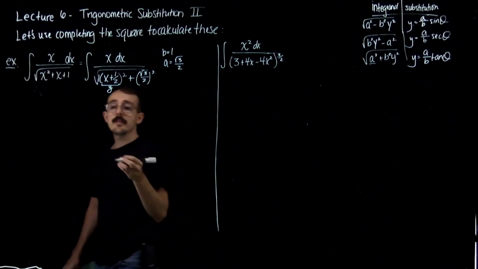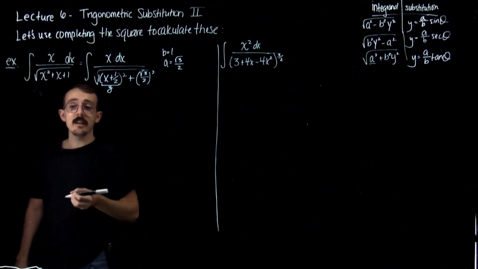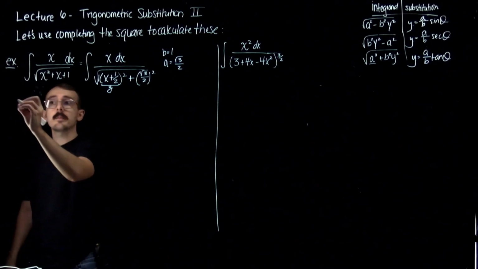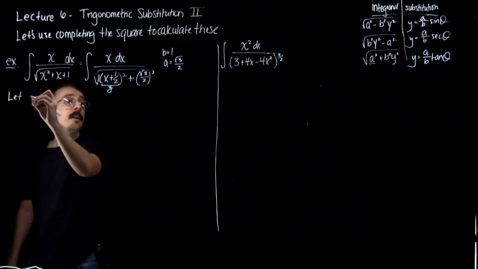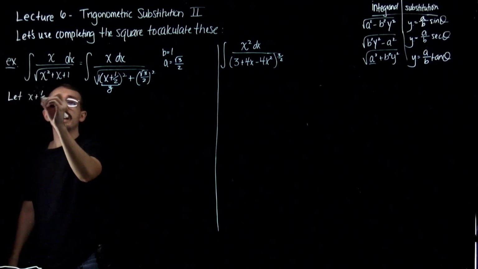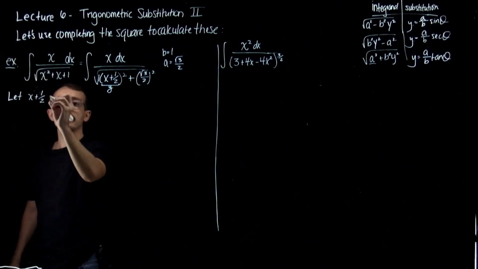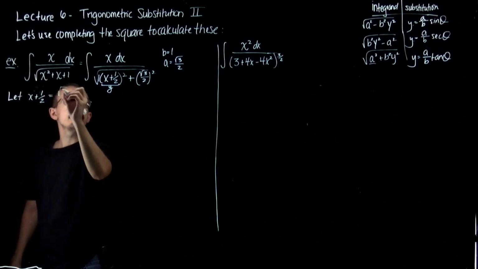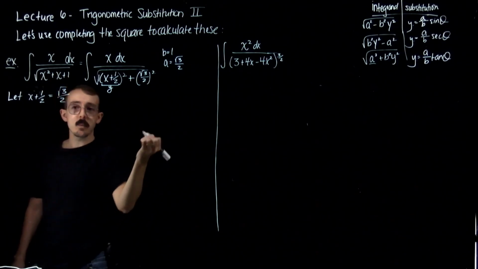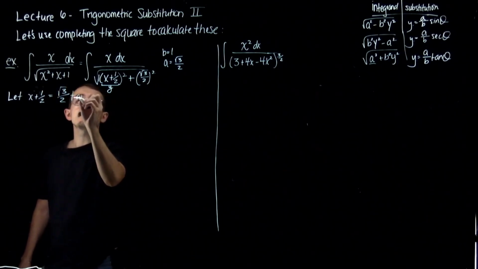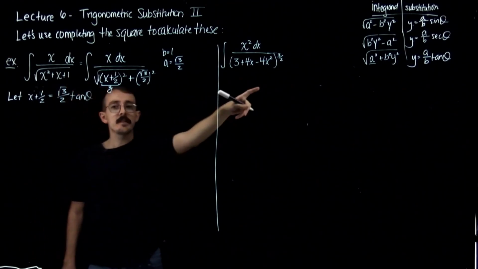So now let's make the same trig substitution we were using in the other video. I'm going to say x plus 1/2, this thing getting squared, is equal to a over b, where b is 1, times tangent theta, because this falls under the third case over there.